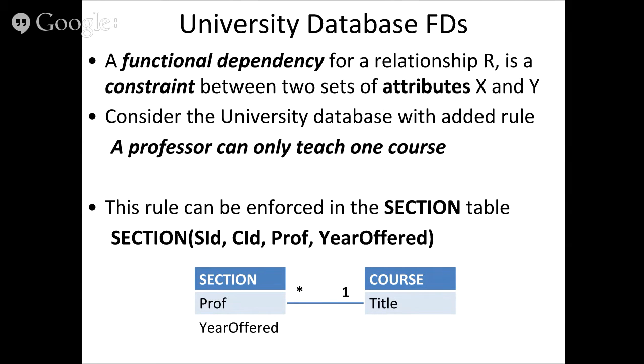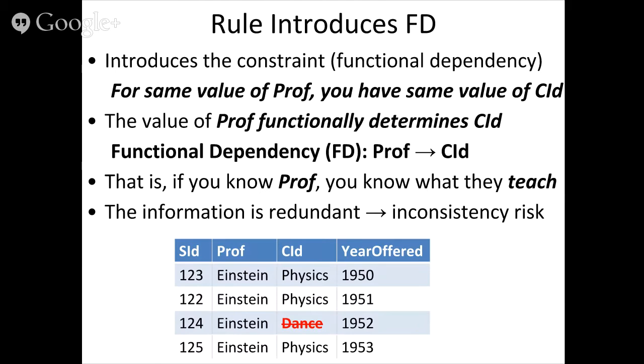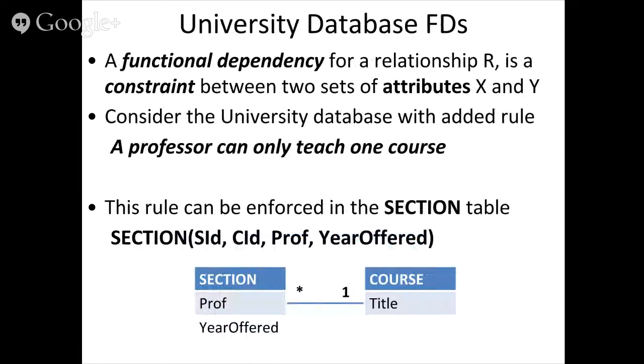So that is creating a dependency. It's a dependency between the professor and the course ID. Because if that professor can only teach one course, then if you know the professor, you certainly know what course they're teaching, because it can only be that course.